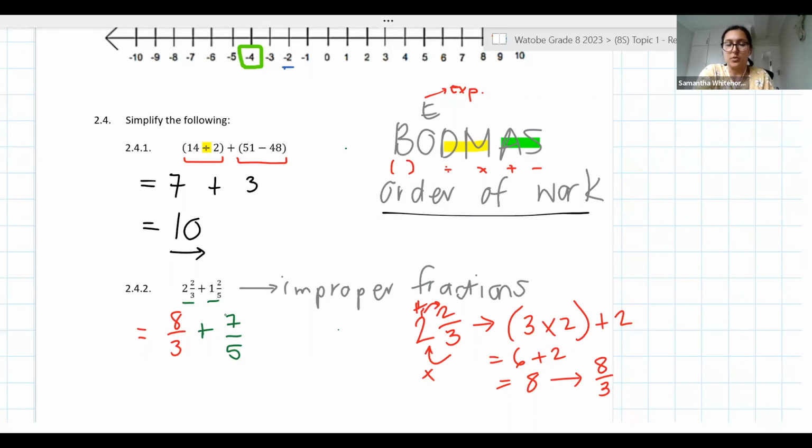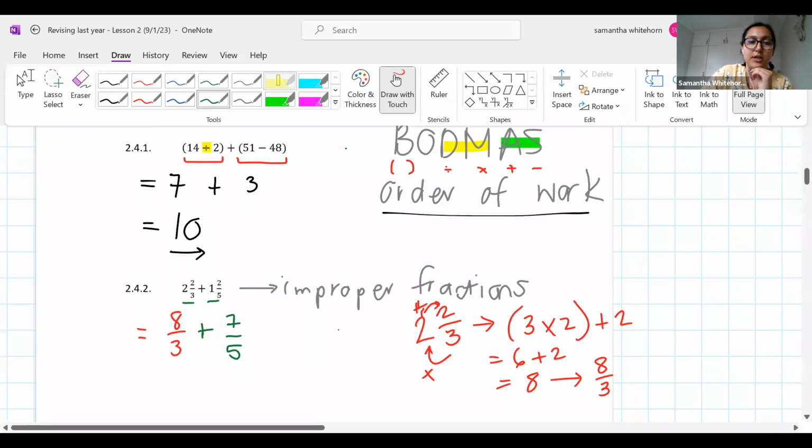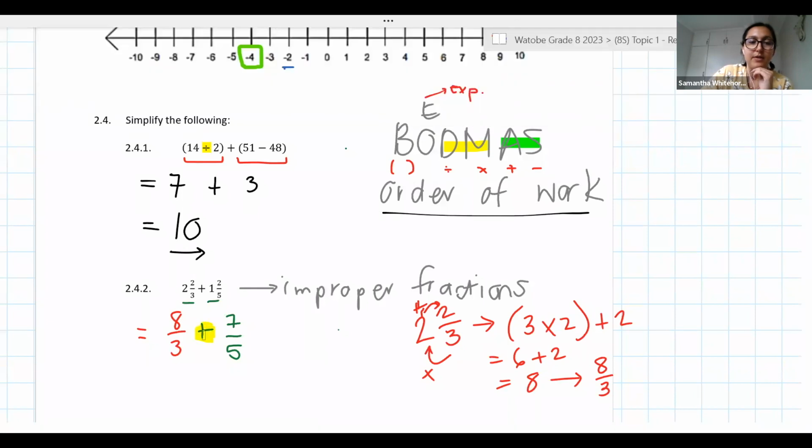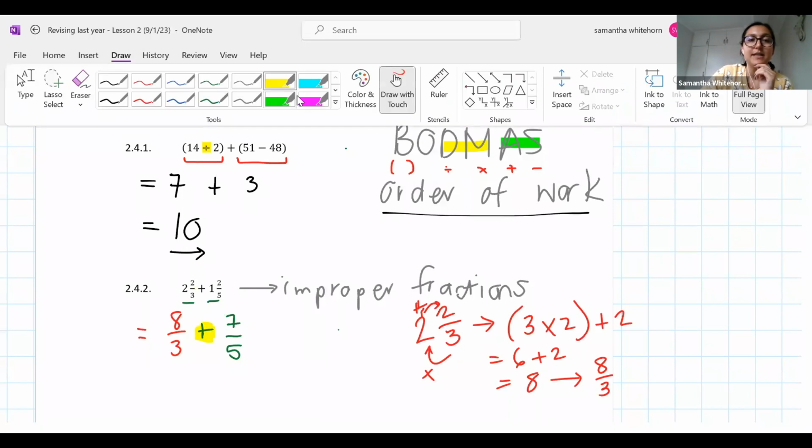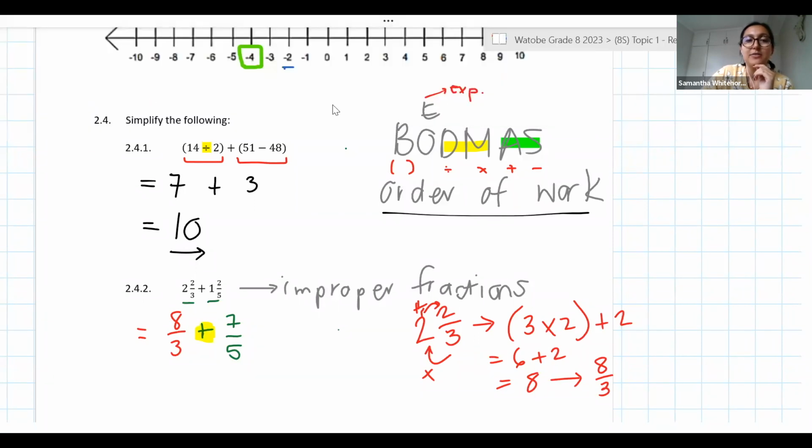And so now what I've got is a situation where I've got 2 improper fractions, and for me, that's a little bit easier to work with. Right, so now I need to go and consider what is my operation that I'm working with. Well, the operation that I have here is a plus. Now, the second I am adding or subtracting fractions, I need to find an LCD. So an LCD is for when we add or when we subtract fractions.